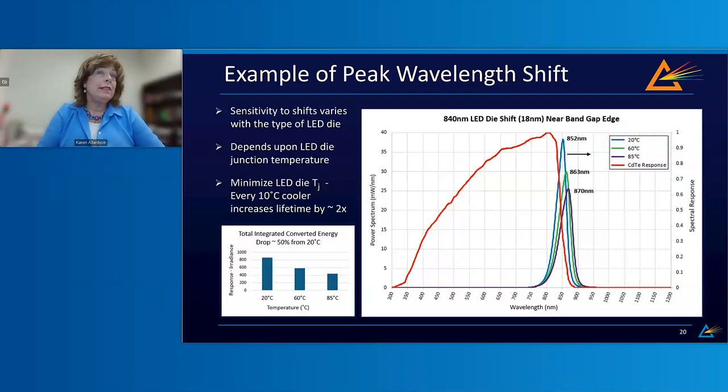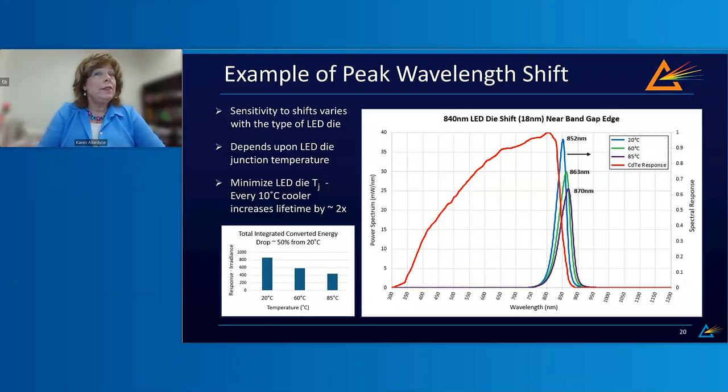So I'm showing an example of a near IR die of 840 nanometers. It shows a shift of almost 20 nanometers as temperature increases. This is significant. You'll see that LEDs emit in discrete narrow spectral bandwidths with finite full width half max. Each of those three curves shows you the broadening of the curve of the LED profile.